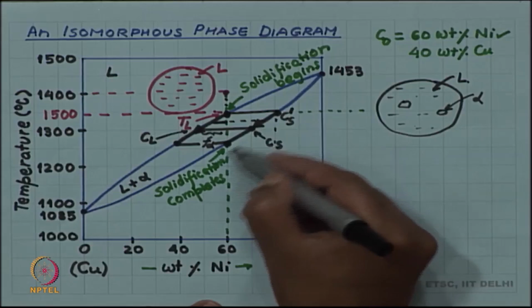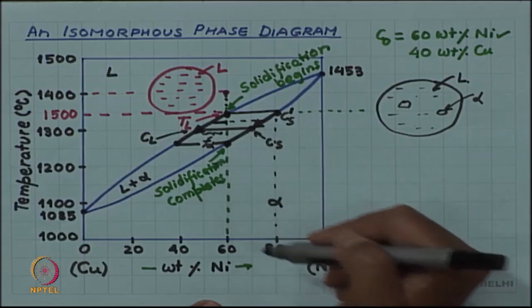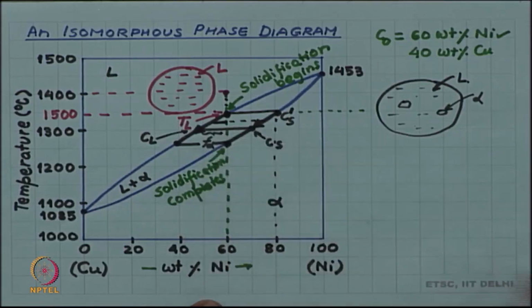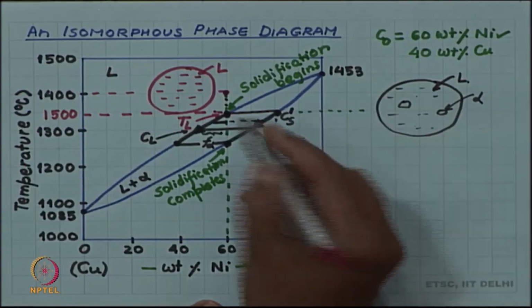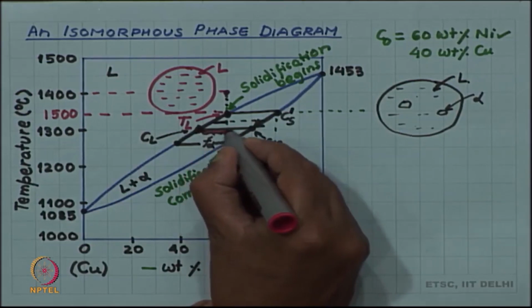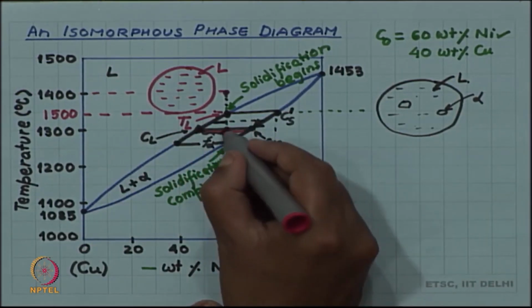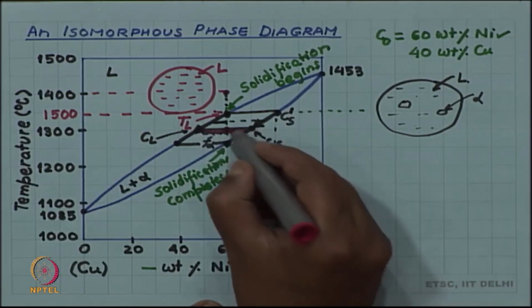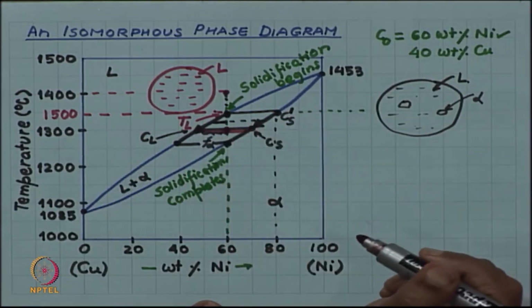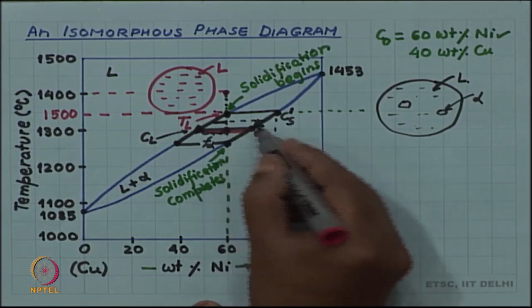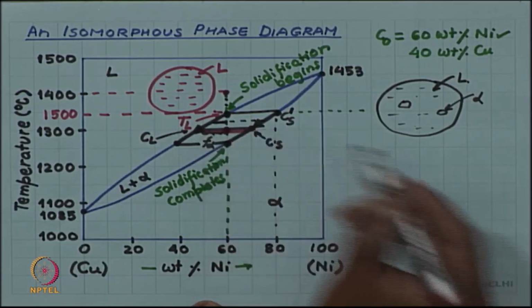So, the composition changes as the solidification is happening, and at this intermediate temperature which we are now considering, you can draw the tie line and find out the fraction of alpha and the fraction of liquid. In my drawing, you can see that the two lever arms are more or less the same.